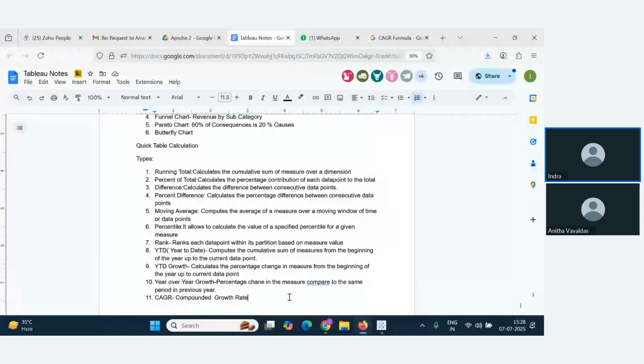So what it does, it measures the annual growth rate over a specified period of time.